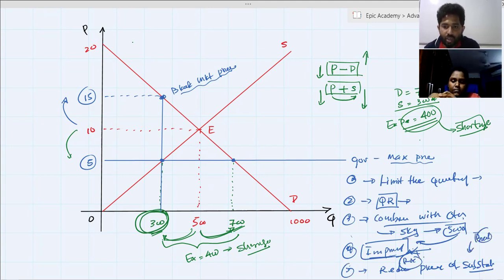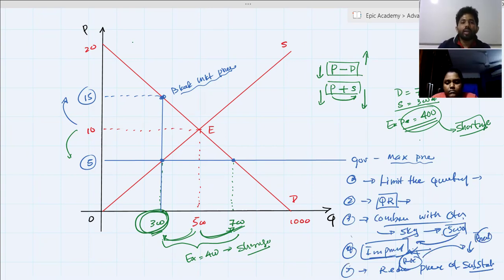Then automatically consumers shift to bread. So that also will be one of the solutions to reduce the consumption of a particular commodity, rice. Reduce the price of substitutes, then the particular demand can reduce. This is not a 100% solution, but we can try it.